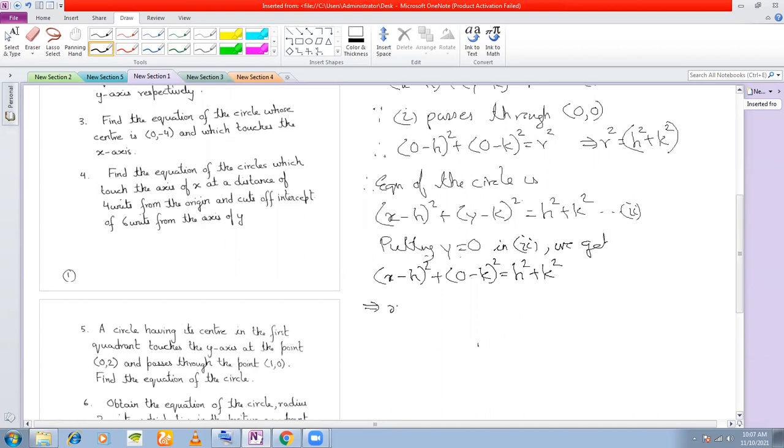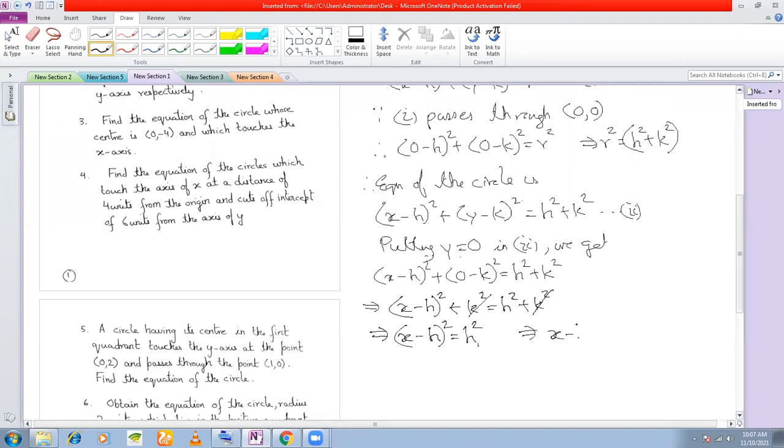So you can solve this quadratic very easily. You don't have to expand. You write this as (x minus h) whole square plus k square is equal to h square plus k square. Clearly k square cancels from here. You simply get (x minus h) whole square is equal to h square.